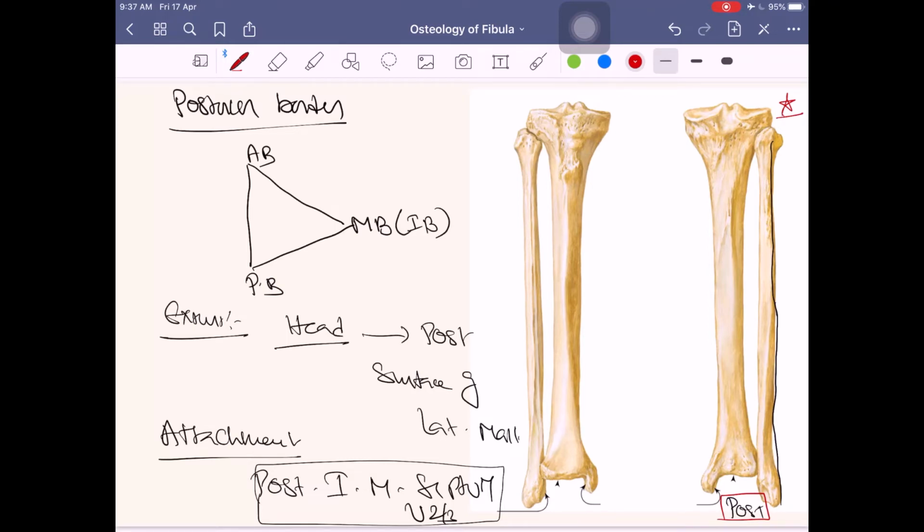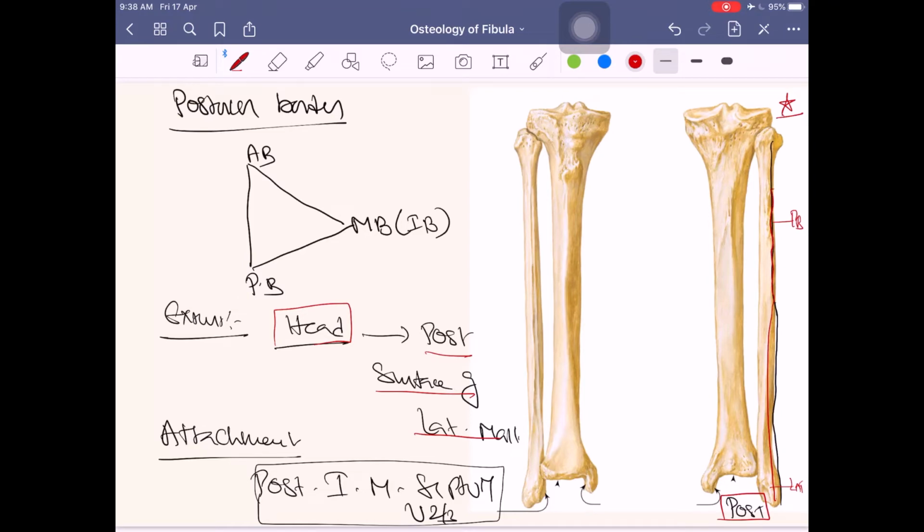This posterior border is starting from the posterior aspect of the head, goes all the way down, and finally meets the posterior surface of the lateral malleolus. This is our lateral malleolus. Here the line has gone outside, but if we continue the line properly like this, you see it is going to this one.